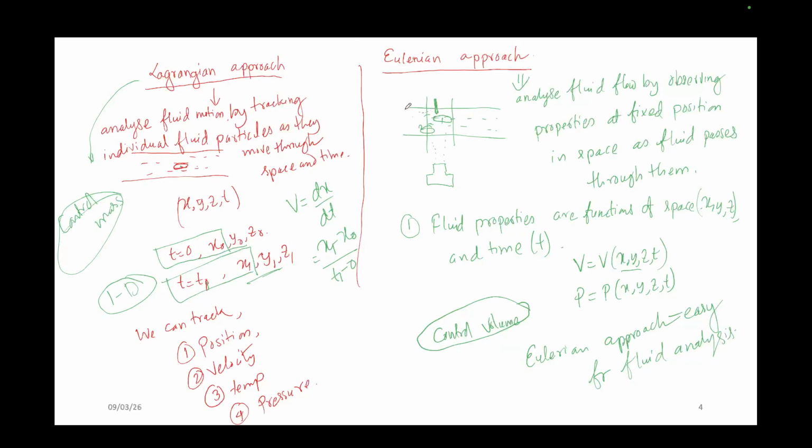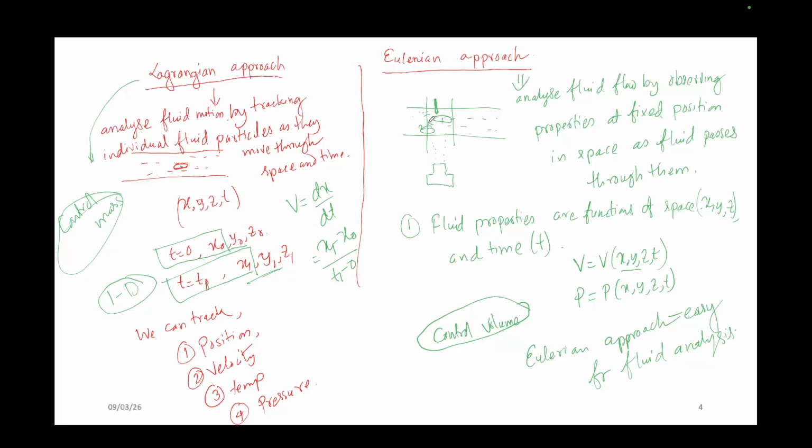Okay, so next thing. Now see, in a given problem there are two things I have talked about: one is control mass and another is control volume. In order to convert a control mass into a control volume approach, what do we need? We need a certain equation to convert this. Because if someone asks you to track each and every particle of water flowing through a river or pipe, is it possible?